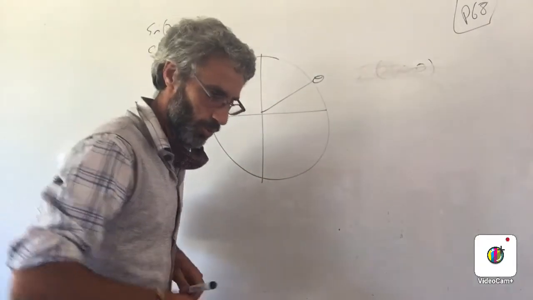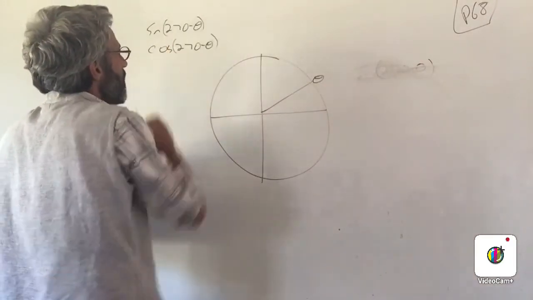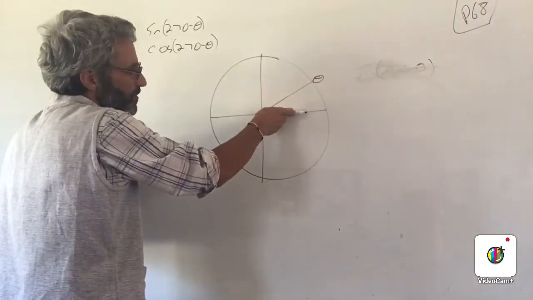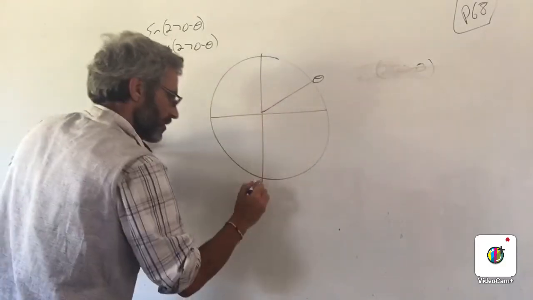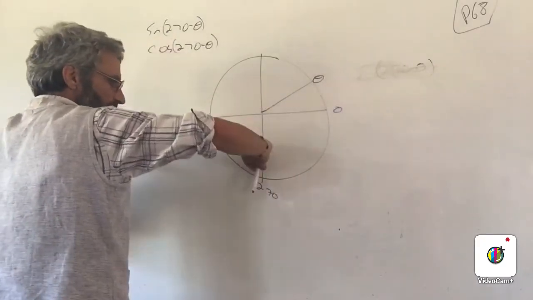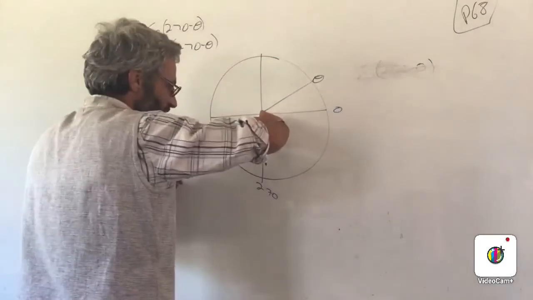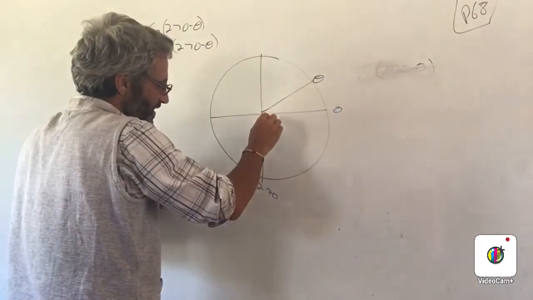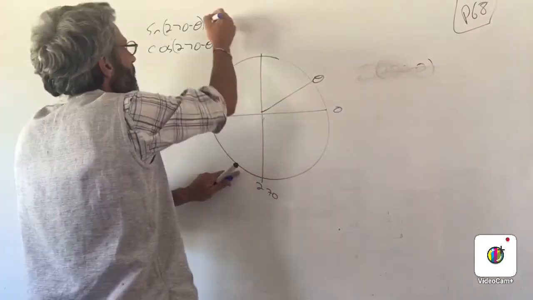What Jojo realized very cleverly was: forget about the theta for a second, we're starting from 0. 270 is here. So we're going from 0 to 270, and then we do minus theta, moving in this direction. How does that help us?